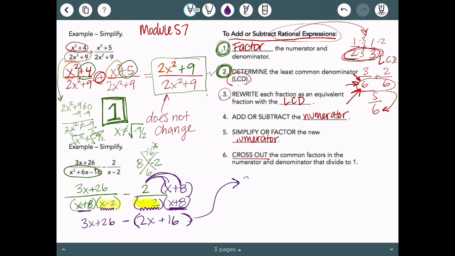That means I'm going to have 3x plus 26 minus 2x, and then I'm going to distribute that negative on there, so I have minus 16, right? I'm going to remember that that's over my least common denominator. I'm just going to write LCD so I don't have to keep writing this whole thing out.